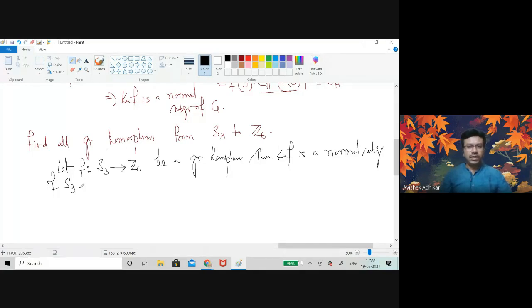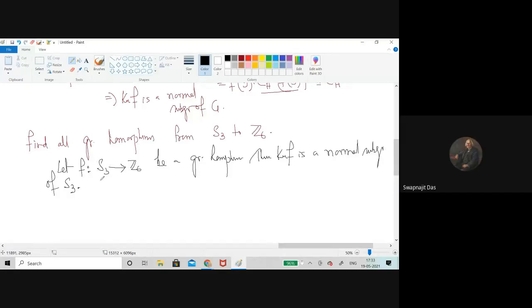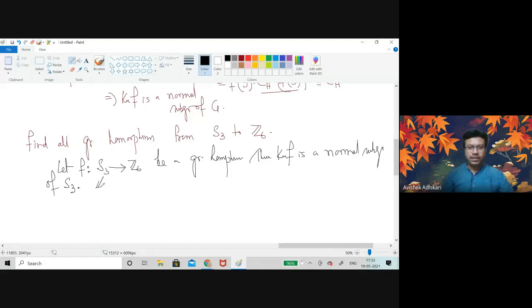If you know, how many normal subgroups of S3 are there? 3. So you know that S3 has 3 normal subgroups: S3, E, and A3. So for every homomorphism, the kernel will be a normal subgroup. That means the number of group homomorphisms cannot be more than 3.